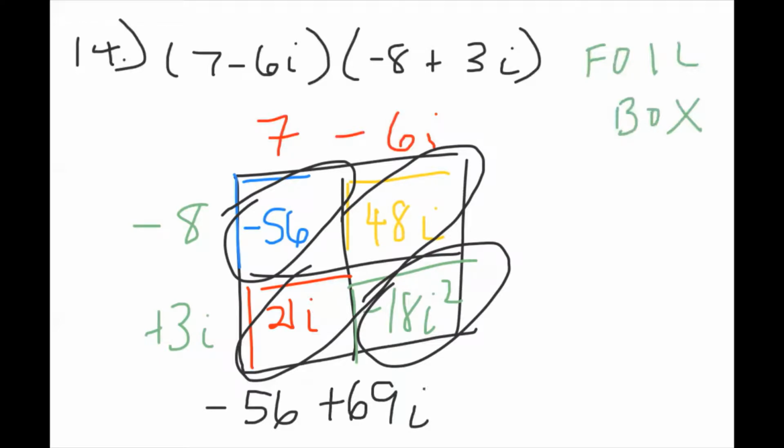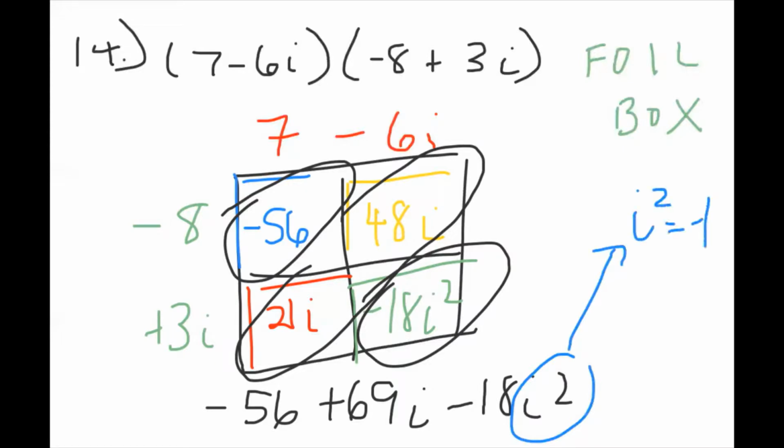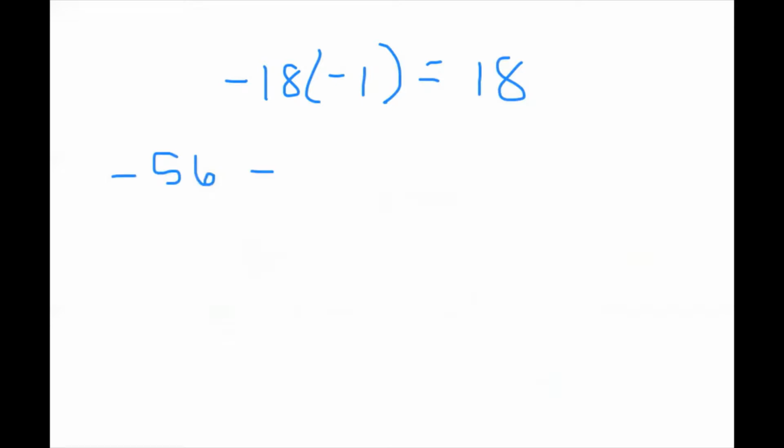All right, and then -18i squared all by itself right there. However, remember, special about this i squared is that it's equal to -1. So when I do -18 times -1, I'm going to get a positive 18, which means I got that -56 plus that 69i plus 18.